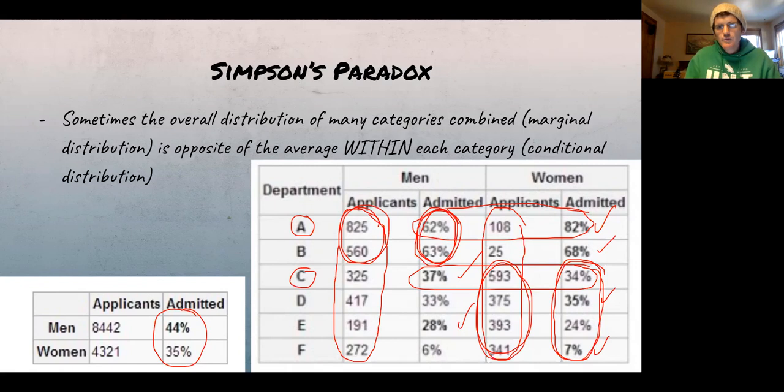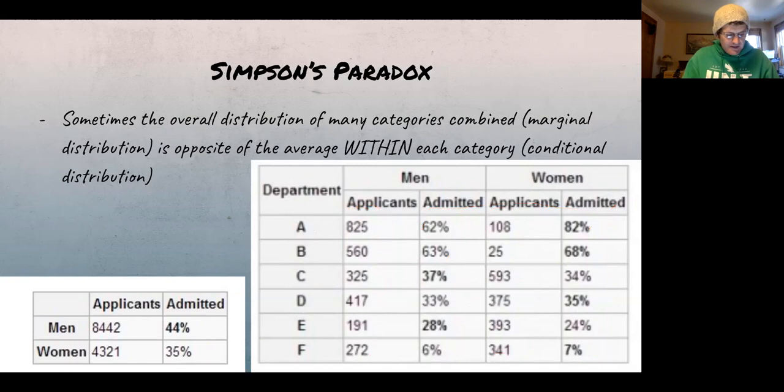It's just where men and women chose to apply that created this overall discrepancy. So that's the idea of Simpson's paradox, and we're going to see it in different contexts as well.